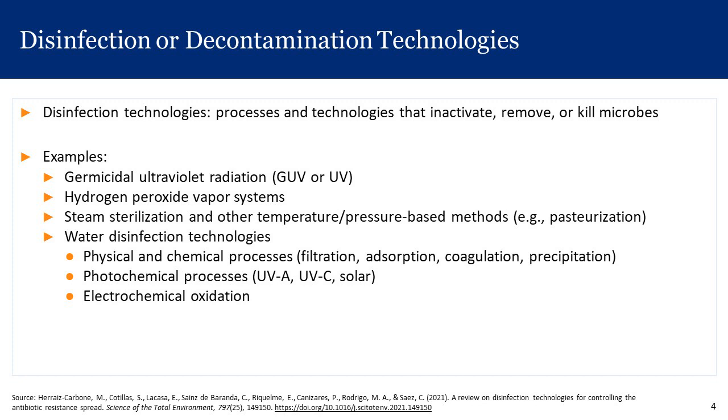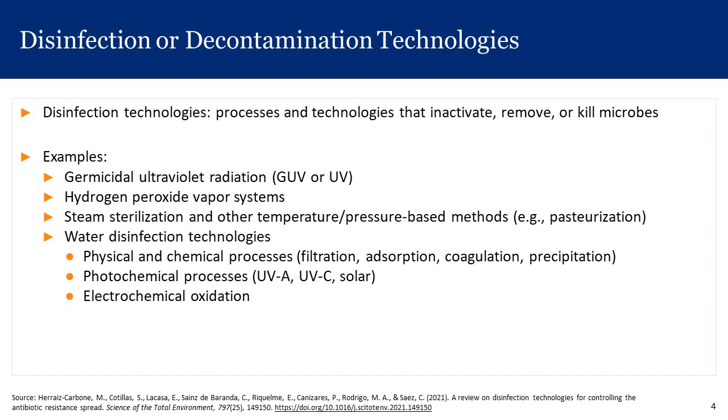You might also think about water disinfection, especially if you're thinking about what comes out in terms of the effluent from hospitals. They're the classic physical and chemical processes of wastewater management, such as filtration, adsorption, coagulation, and precipitation. But increasingly, there may be photochemical processes, such as UVA, UVC, or solar.